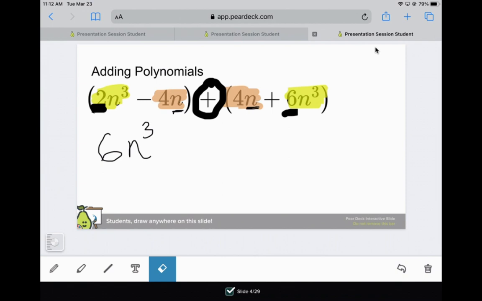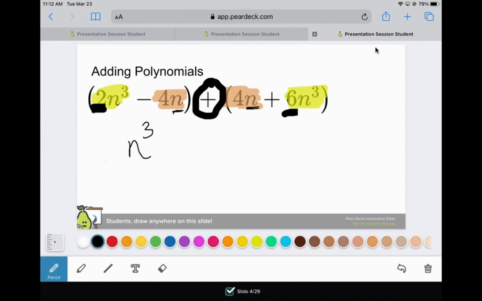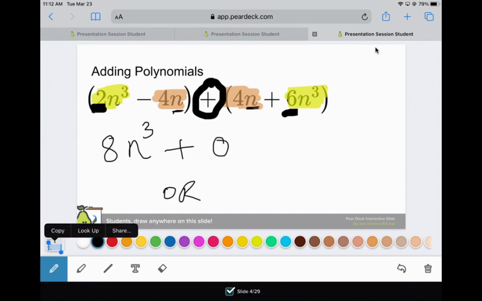It's 8, yes. I wrote this wrong. This should be 8. So you can do plus 0, or the answer can be just 8n to the third. So we combine like terms, so we look for the ones with the same exponents, and we add them.